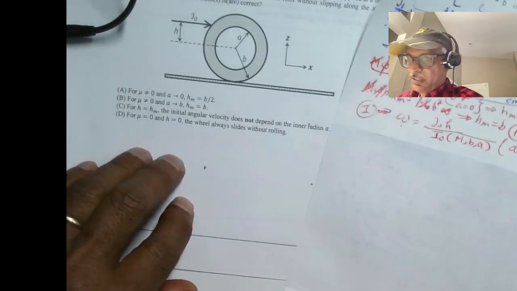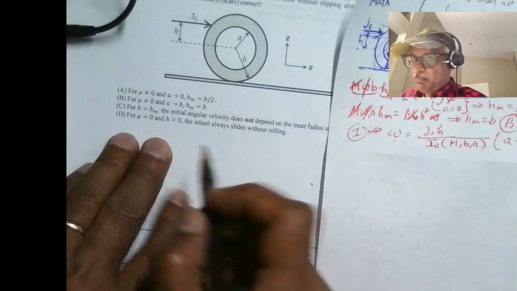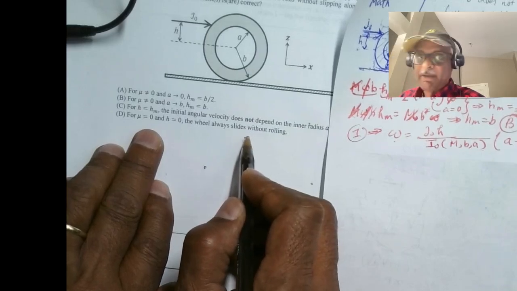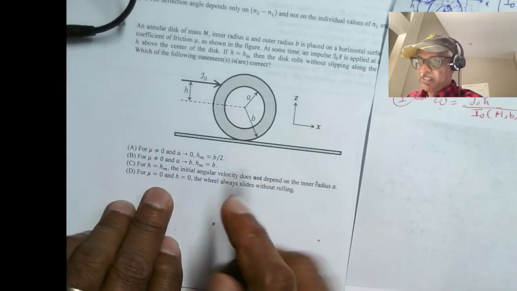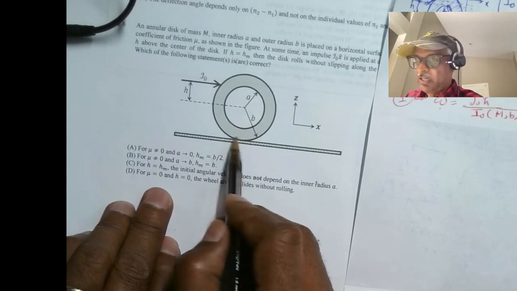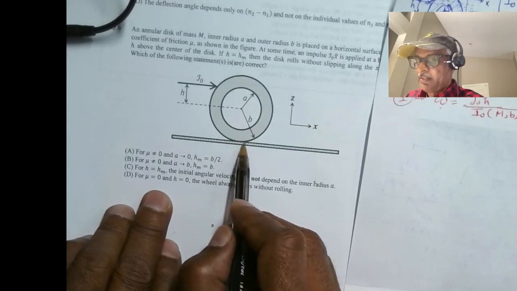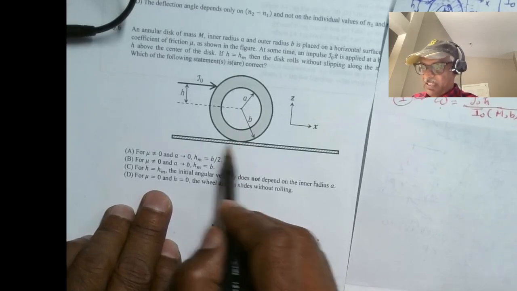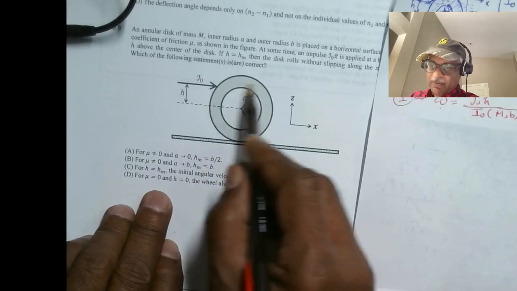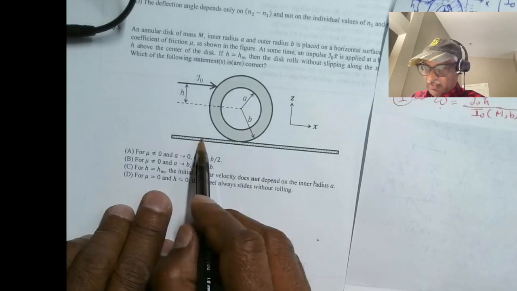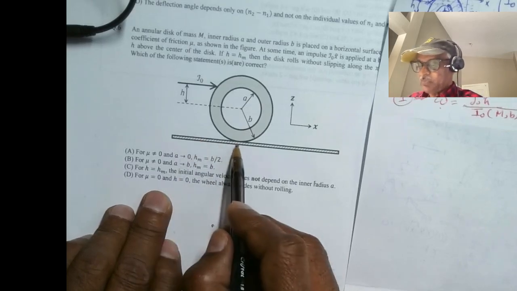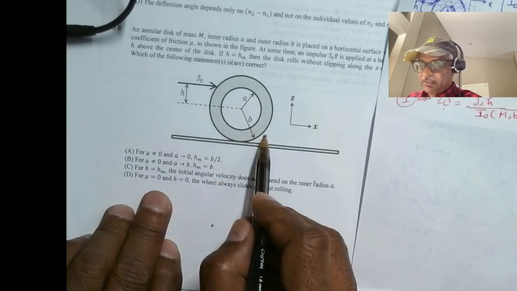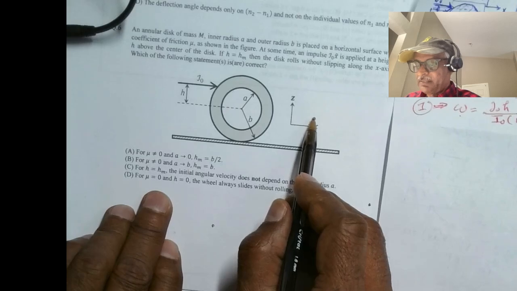However, the last one says mu equal to 0, h equal to 0. The wheel always slides while rolling. So for this one, you have to say if there is no friction to give you this force here so that it can roll, then it should slide.